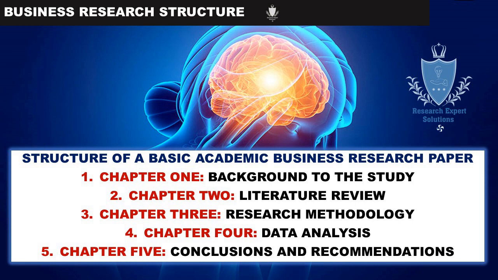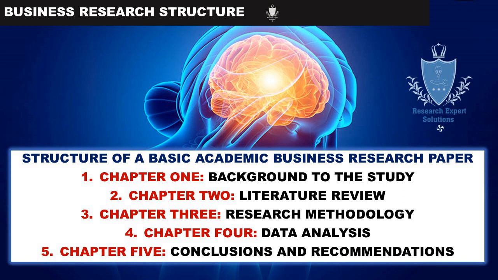And then the empirical literature just involves a review of studies of a similar nature that have been done by other researchers around the world, what they found, the methods they used, and the conclusions they arrived at, and perhaps the variables that they actually used, so that you can have an idea of the kind of variables you may consider in your research topic, as well as maybe the variables that you may not consider for some reasons based on other studies and what they found, and maybe new variables that you can include in your methodology.